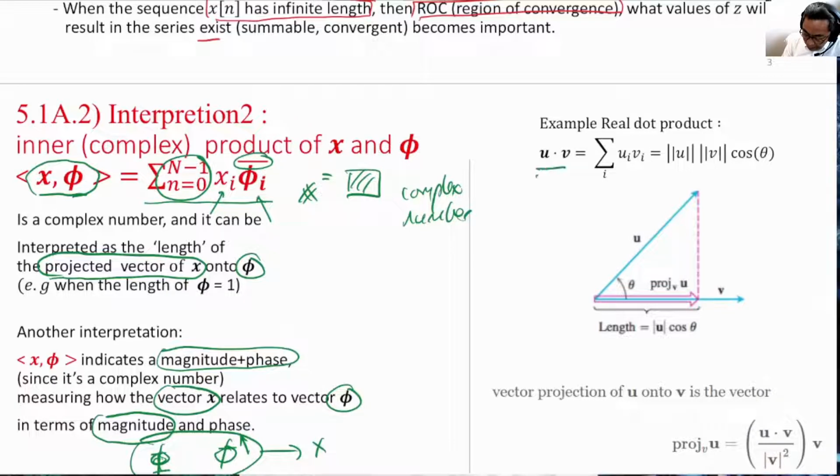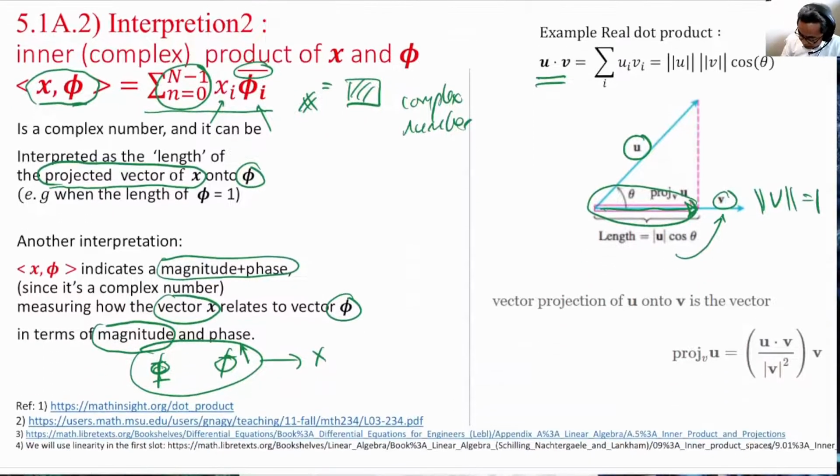If we see it from a linear algebra perspective, let u, the vector, be projected onto v. Let's assume v has norm 1. The projection of u onto v is this vector over here. It is a vector along v. The projection of u onto v is a vector along v. Its length is the inner product, if the length of v is equal to 1.